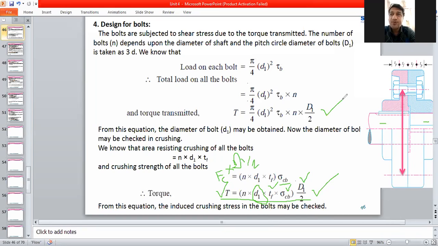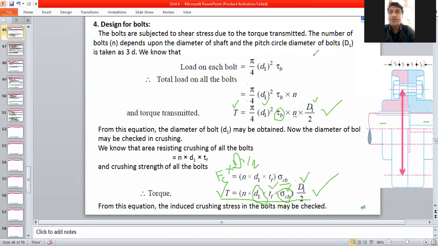By means of this formula also, you can calculate the diameter of the bolt d1, and you can check it for the crushing stresses. Or from the proportions, if you select all the dimensions and the number of bolts for the torque which you want to transmit, then you can check it for the induced stresses, shear stresses and these compressive stresses.